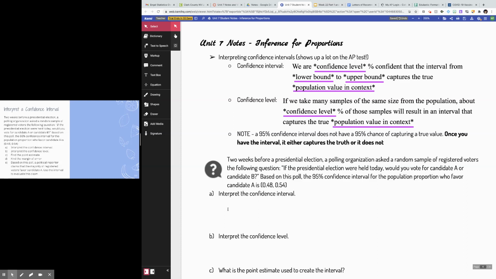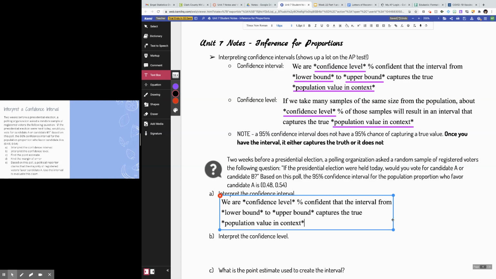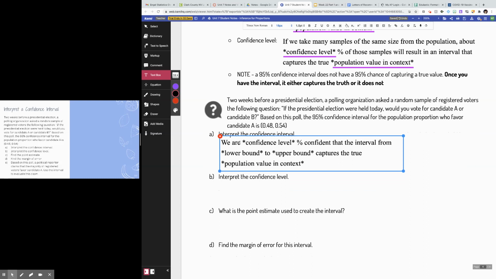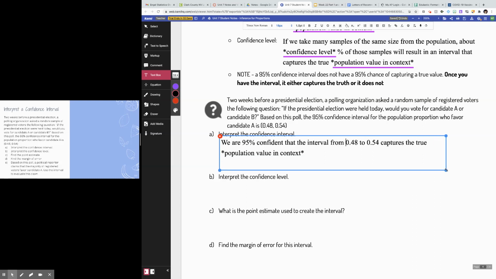Okay, so I'm going to take my word formula that I already have, and then I'm going to fill in my values here. This says we are confidence level percent. So my confidence level is 95. So we are 95% confident that the interval from my lower bound, 0.48, to my upper bound, 0.54, captures the true, and then we need our population value in context.